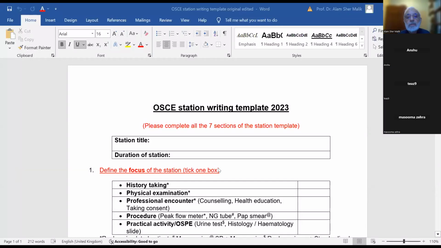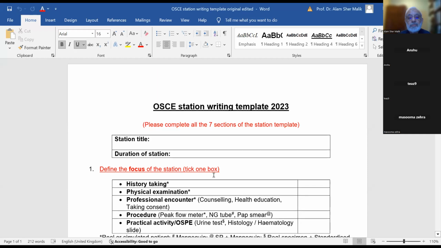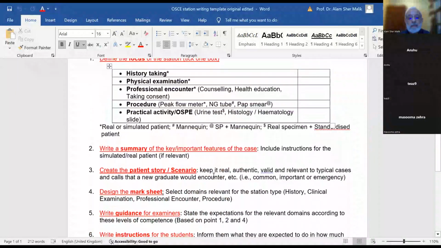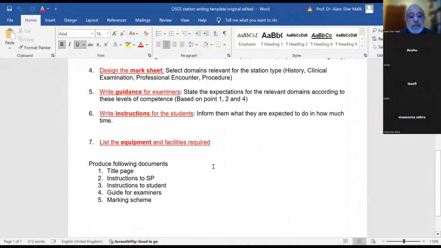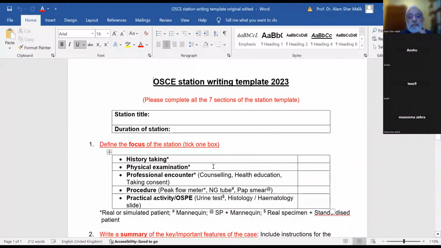So the writing template, and we will be using this template in our hands-on activity, where there are 7 steps. First is the station title, and this title helps us to identify whether it's a procedure, a physical examination, or a communication skill.